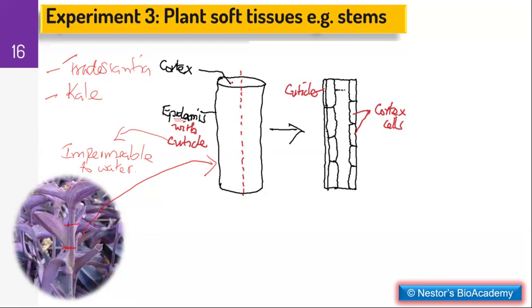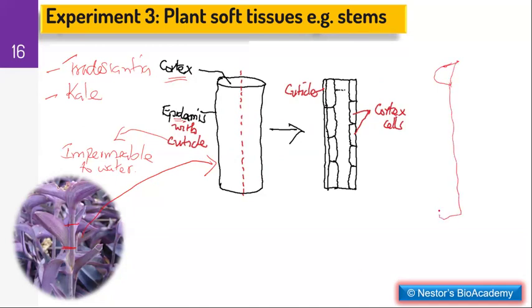Then on the inner side, we have a tissue we refer to as cortex, made up of many cells. Sometimes exams will require that you cut the stem into 2 halves, longitudinally like this. So from the cutting, it will be something of this nature.